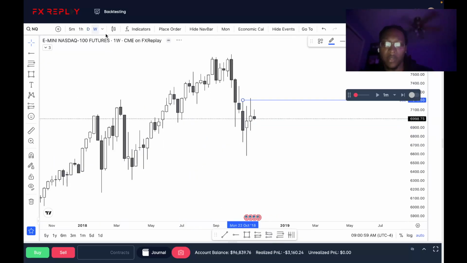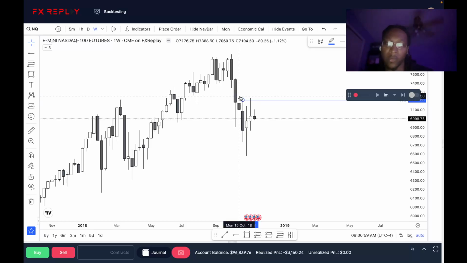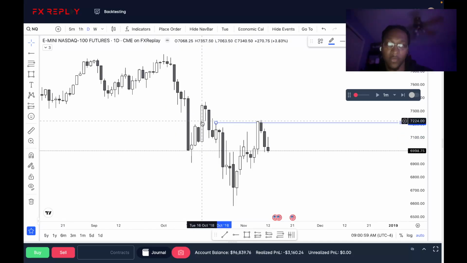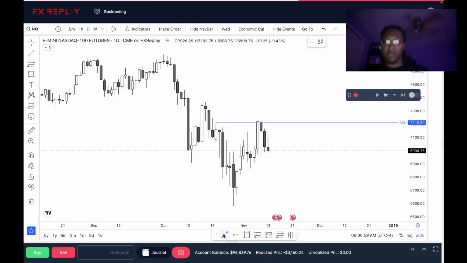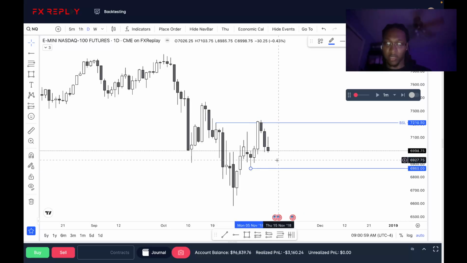If I'm looking at my weekly, we took out a weekly high here, and we took out two weekly highs and traded up into what looks like a gap or an order block of some sort here. After taking out that high, which would be like a gap right here, this inverse fair value gap, we could possibly trade lower to this low over here. That's what I'll be looking at.